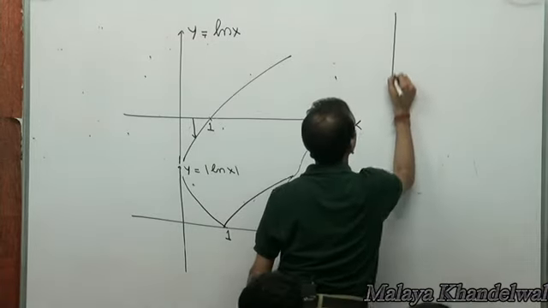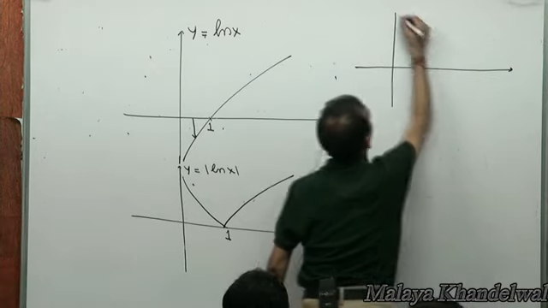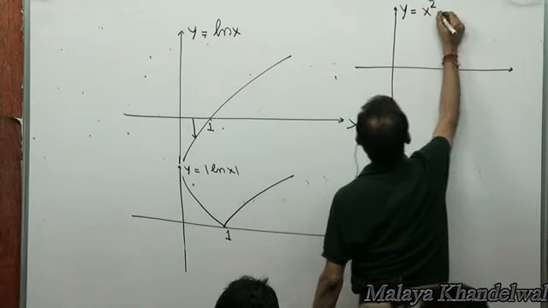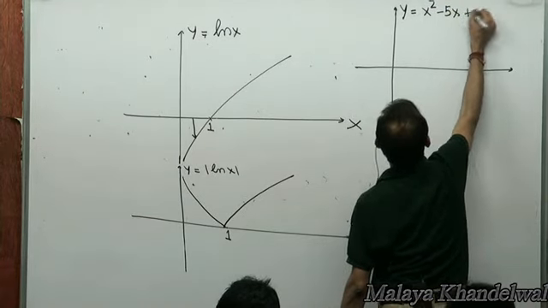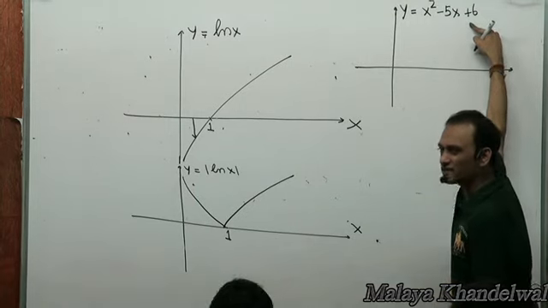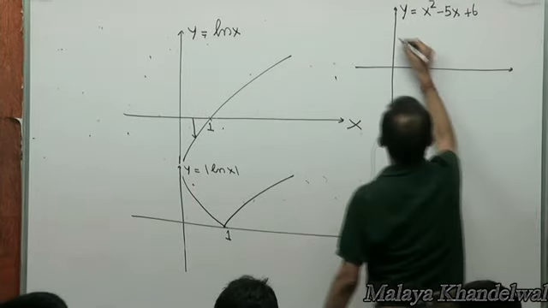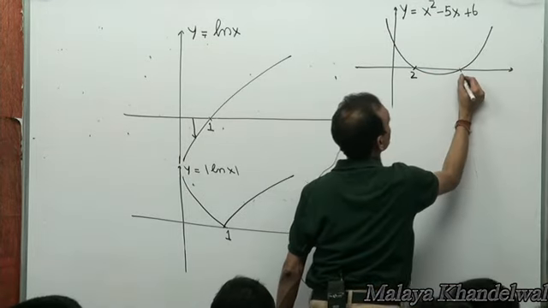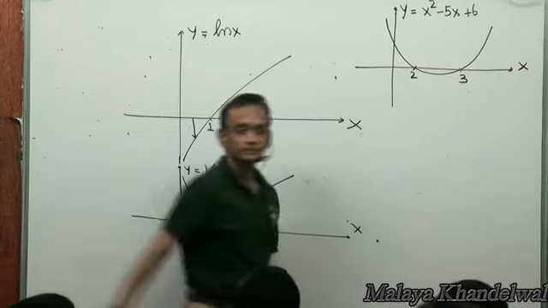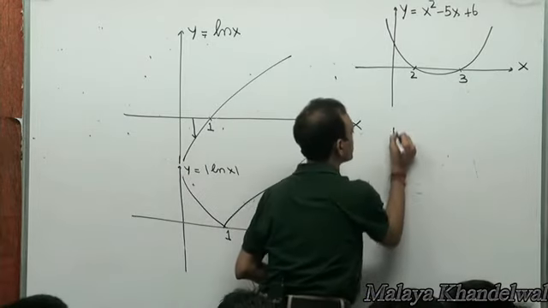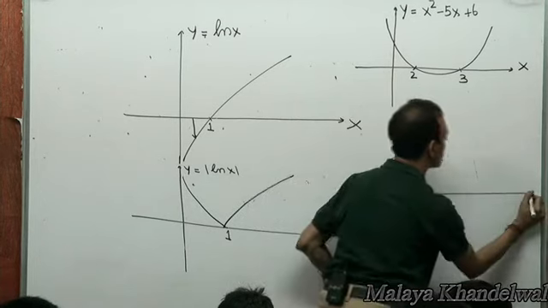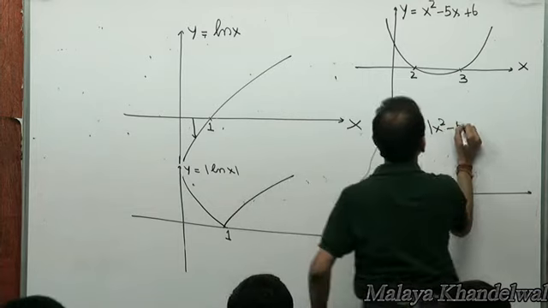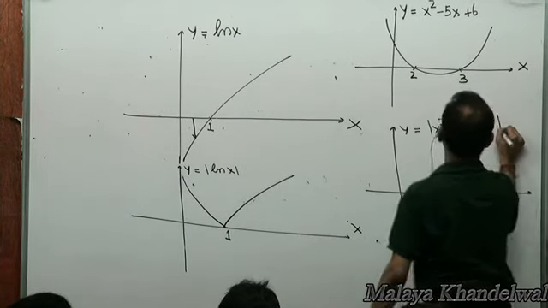Suppose I have a parabola y equal to x squared minus 5x plus 6. It's a quadratic with roots 2 and 3, an upward opening parabola. Its graph would be like this, with roots 2 and 3. Now what I want to do is y equal to mod of x squared minus 5x plus 6, mod of f(x).